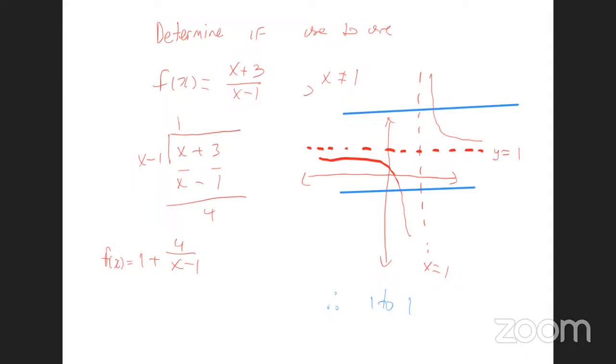Is there any y value that doesn't have an x value? Which one? Y is 1? You sure? Y is 1 on the graph? Where x is equal to 1. Think about it.